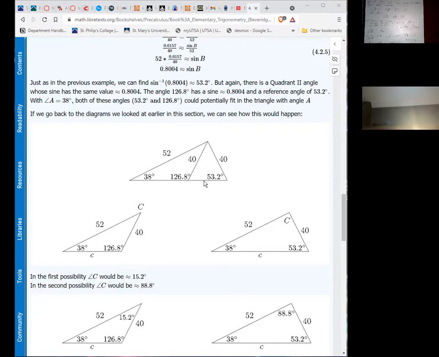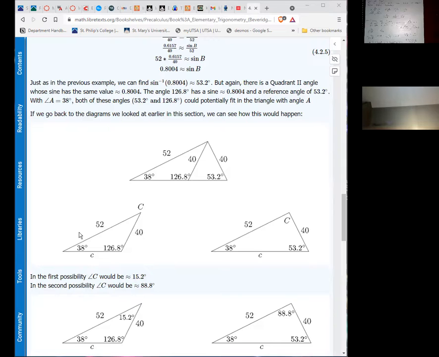Some of them might be the same. Like you can see here how this side was still 40, even though it flipped outward. The only thing that changed was the angle. It just swept this way or that way. This side did not change. There's a 52 no matter what. The only thing that really changed was the C, because I'm closing it off here, meaning it's only this long, right? But close it out here.